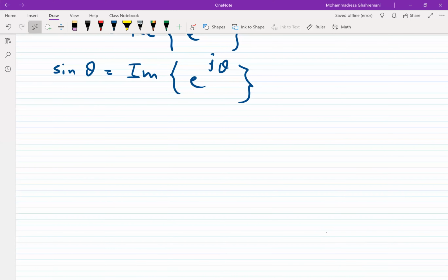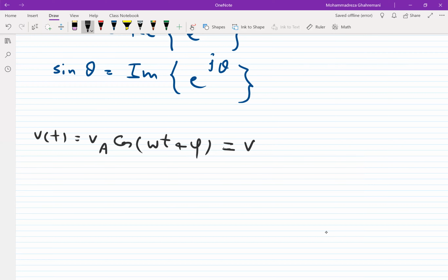Now let's consider a sinusoidal signal and see what we can do using Euler's formula. If v of t is equal to VA cosine of omega t plus phi, we can say it's equal to VA times the real part of e to the power of j omega t plus phi.